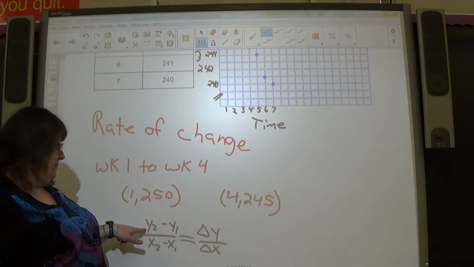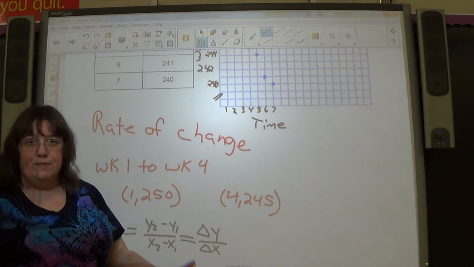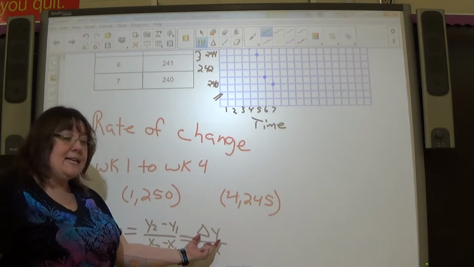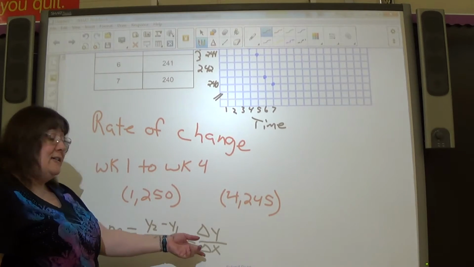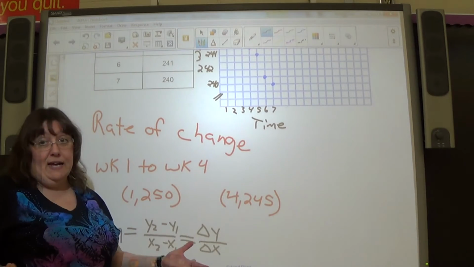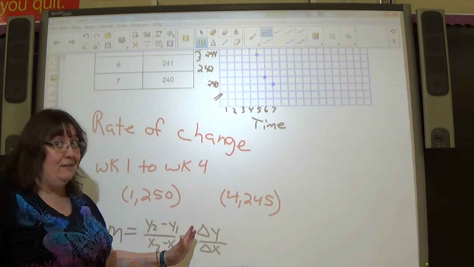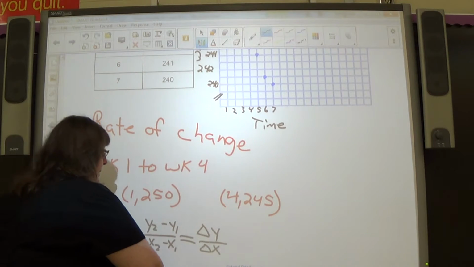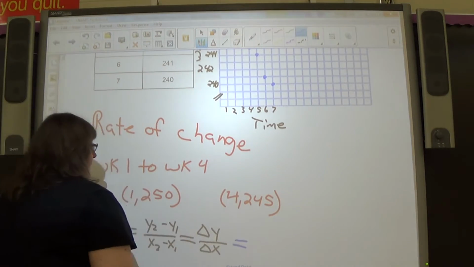It means y2 minus y1. Delta means you're taking the difference between two things, okay? In this case, it's shortening it, saying we're taking the difference of the y here. And for the delta x, we're taking the difference of the x. No real big deal. It's just changing notation, okay? Don't freak out.